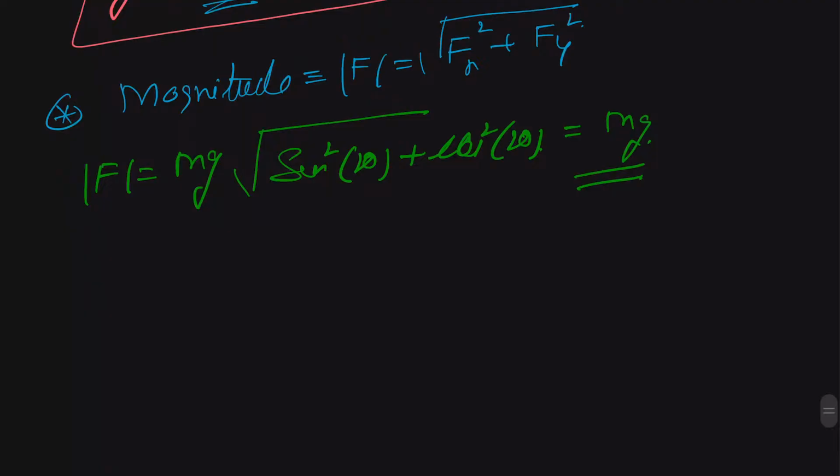And we have the second part. In this second part we have to find out for what value of theta the vertical component becomes equal to 0.